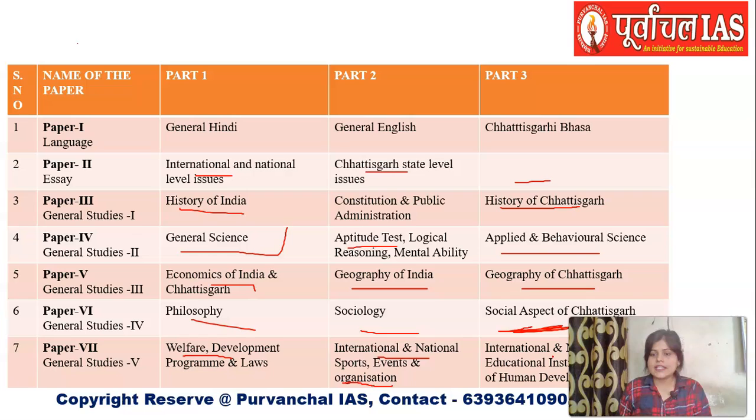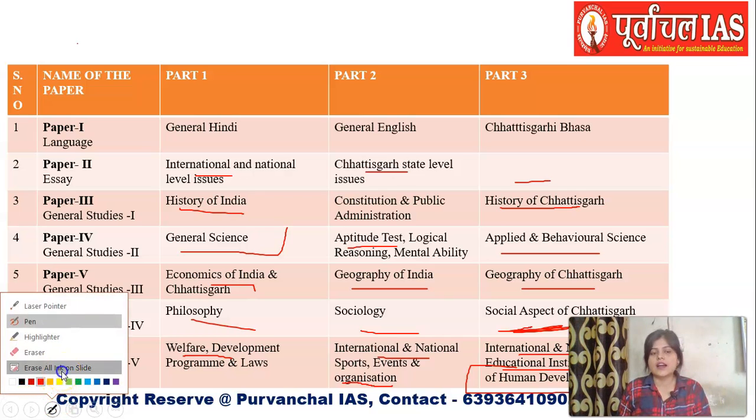This part is international and national educational institutes and their role in human development. Okay. So here they are talking about educational institutes at the international and national level and how they contribute to the development of humans.